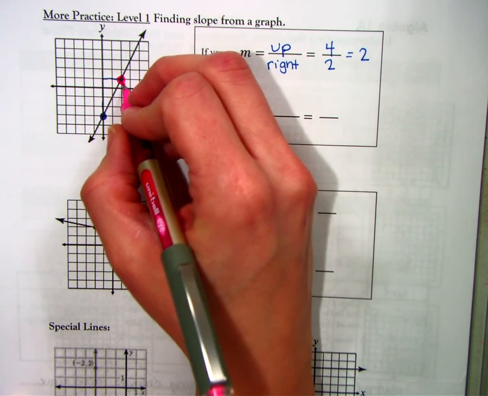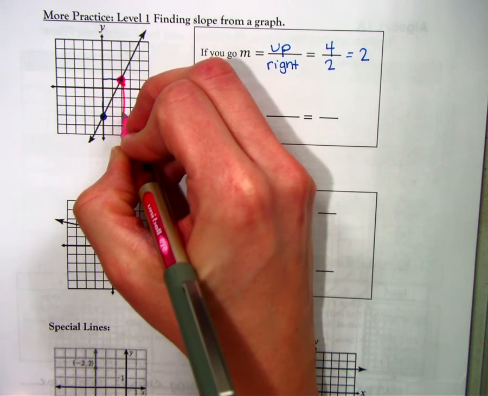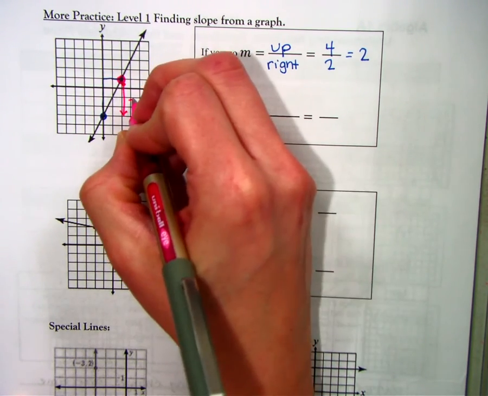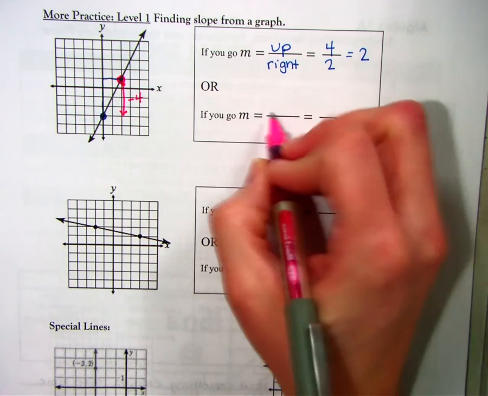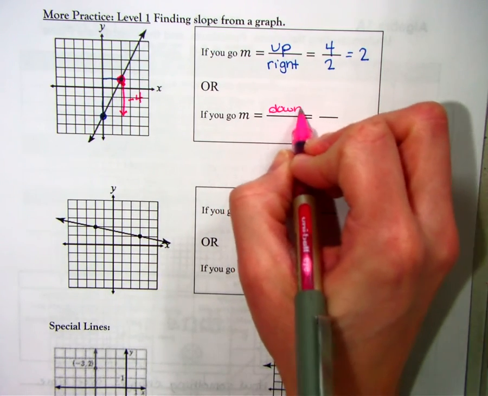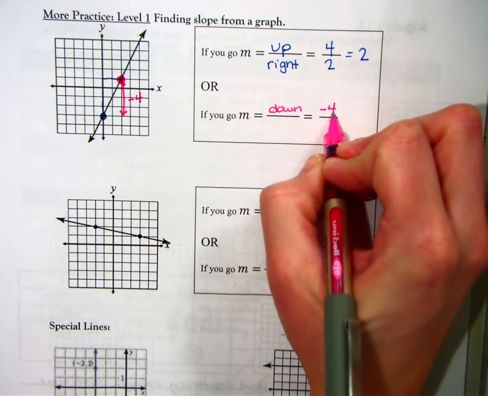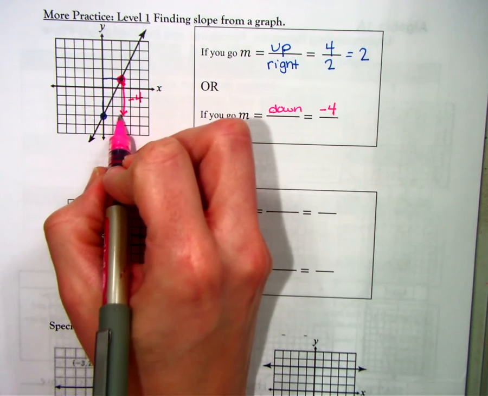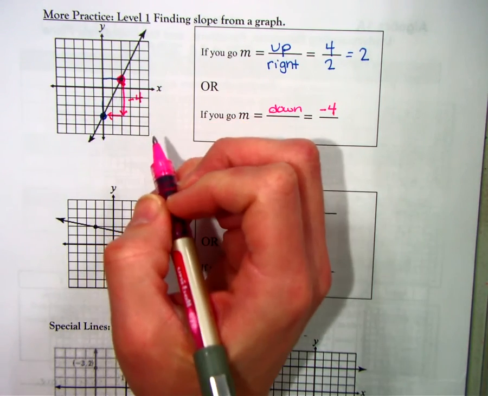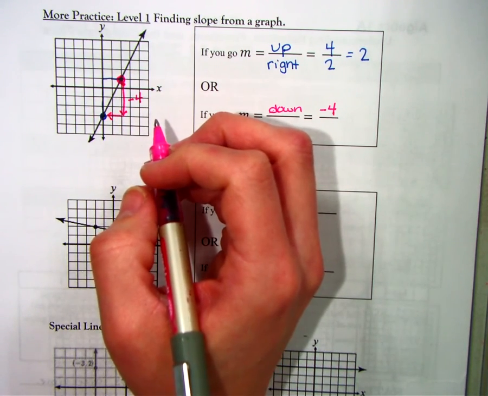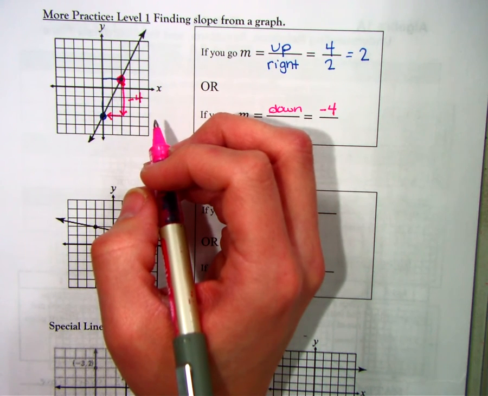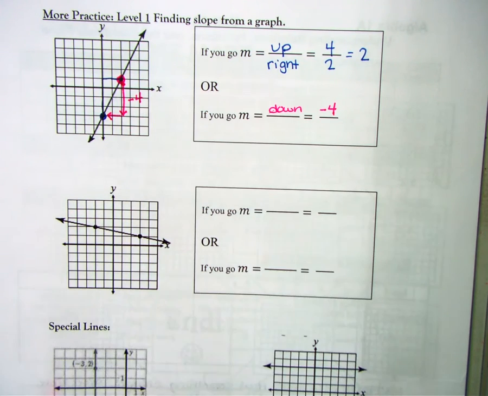So if I start at the pink dot and I go down, that's -4. Can we choose which one we want to do? Yes. Well, on the page before I did start up and down. Yeah. And I got 2 over 4, not -2 over 4. But did you go down? Because you're going down.